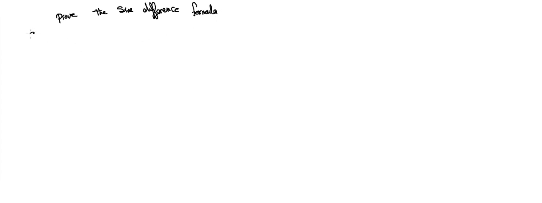Let me use now alpha and beta. Doesn't matter what the names are. Sine alpha minus beta equals sine alpha cosine beta. This is minus, so this one also will be minus. Minus cosine alpha sine beta.